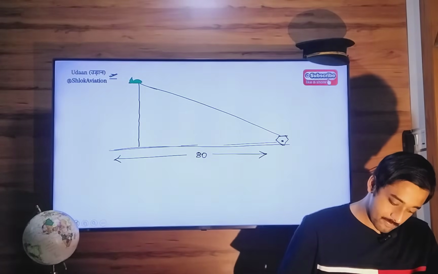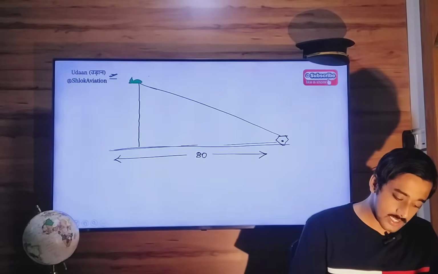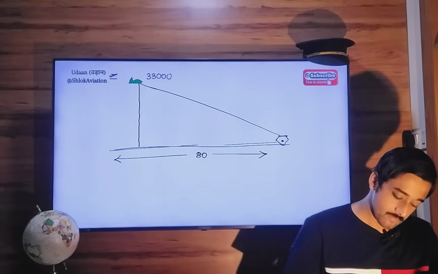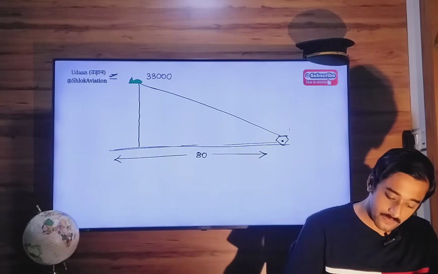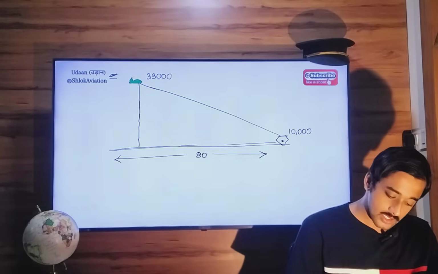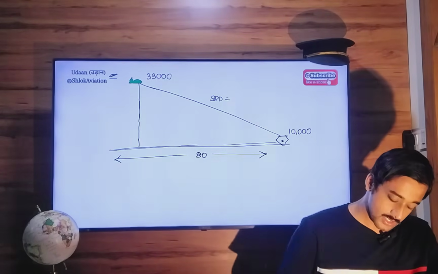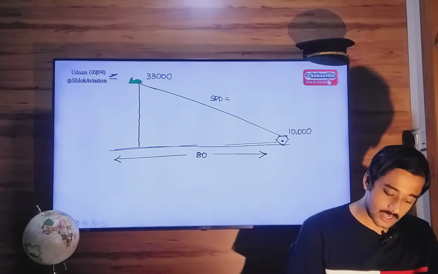Flight level 330, that is 33,000 feet. At the VOR, 10,000. Speed is 240.